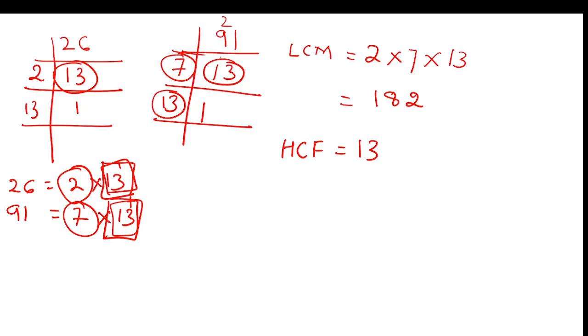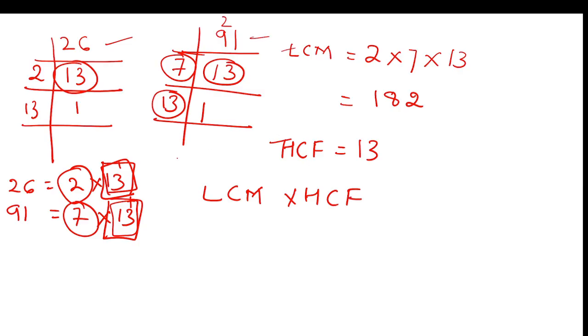Okay, yes, we have factorized this and we have found out the LCM and HCF. What is the next step? The next step is to check the product of LCM and HCF with the product of the two numbers. So now we have to find out the product of LCM and HCF.